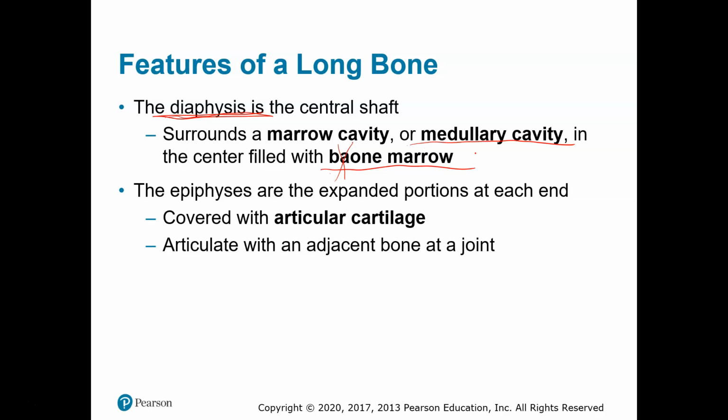Bone marrow. And the ends of the bone are called the epiphyses. Each end is called an epiphysis. These are the expanded, larger ends, and they are covered with articular cartilage. And that's just hyaline cartilage that covers the ends of the bones because they're going to come together with another bone to form a joint.